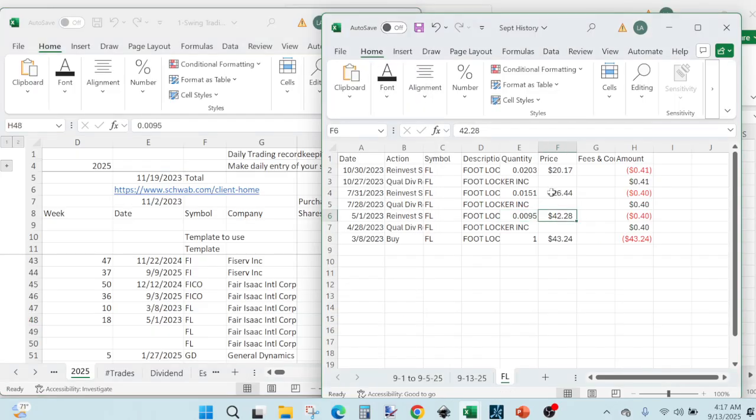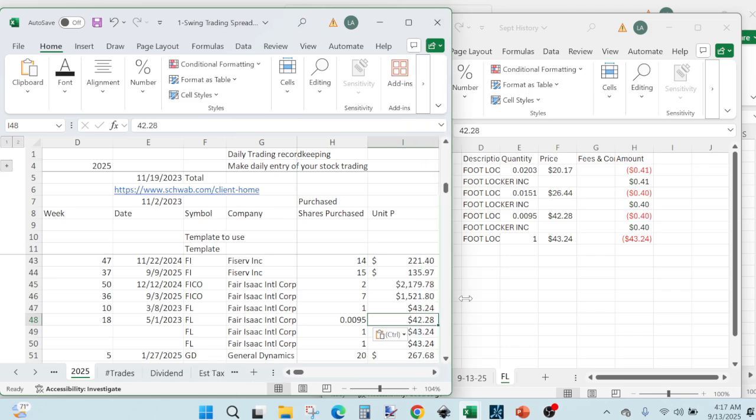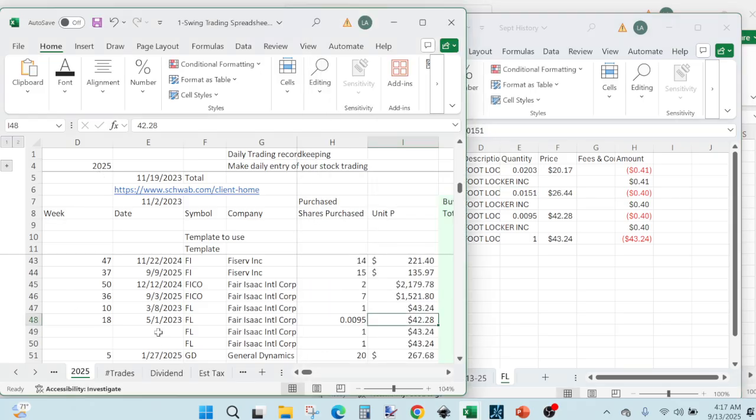And the price when they pay us the dividend, we will enter that as well. And the next one, we'll copy the shares, but it happened July 31st. And the price went down.